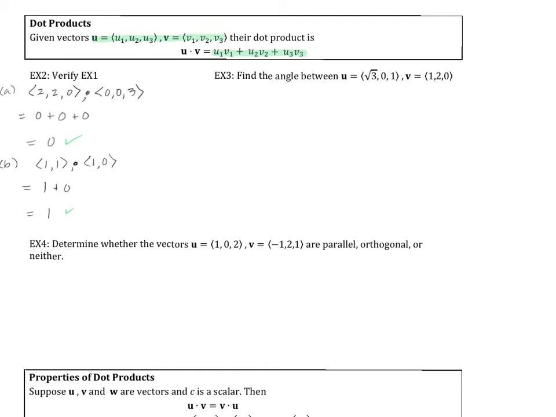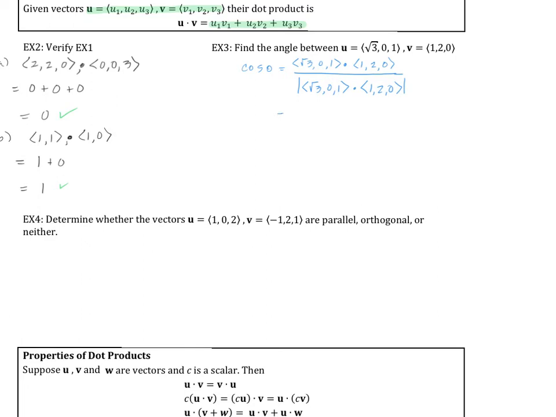I'm going to use that cosine of theta is equal to the dot product of u with v, where u is square root of 3, 0, 1, dotted with 1, comma 2, comma 0, over their magnitudes, and then I'm going to multiply the magnitudes. So this is from the definition.